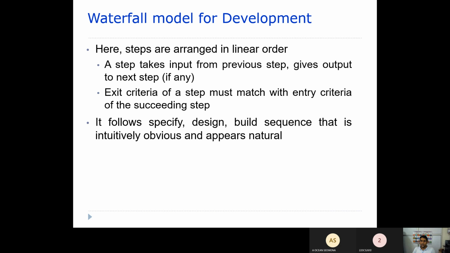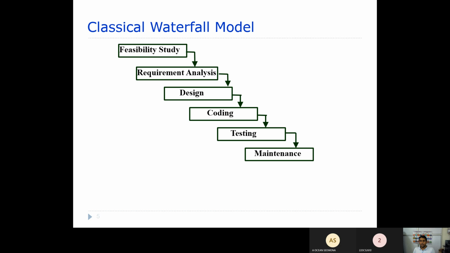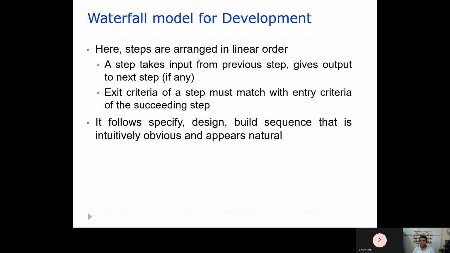Let's say if you see requirement analysis, it takes the input, which is the output of feasibility study, and by taking this input, it produces an output, and that output will be given as an input to the design phase. So exit criteria of a step must match with the entry criteria of the succeeding step.